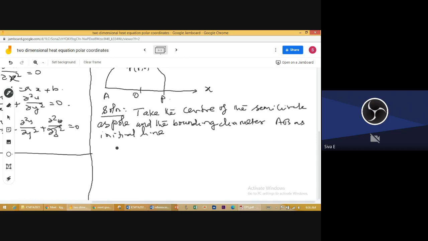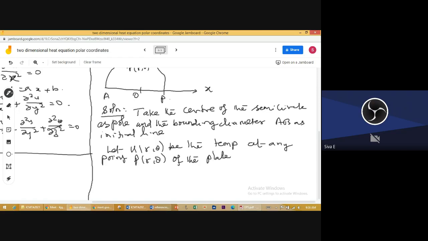So what is the temperature in the semicircular plate? Let u of r comma theta be the temperature at any point P of r comma theta of the plate.